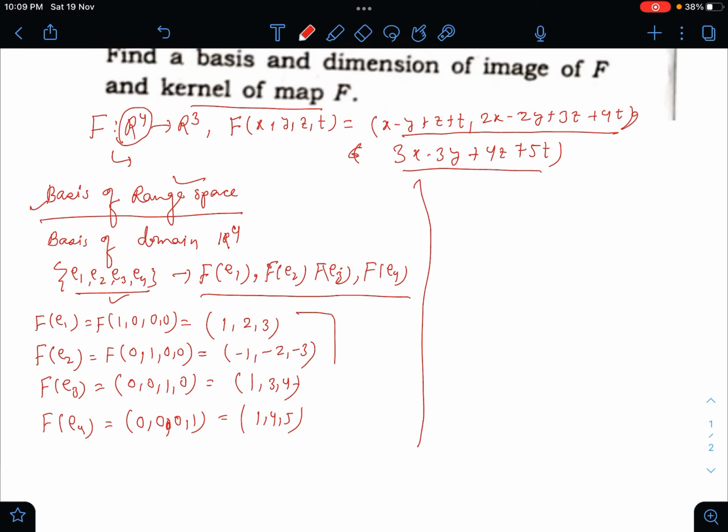Out of these four vectors, linearly independent vectors will form basis of range space.